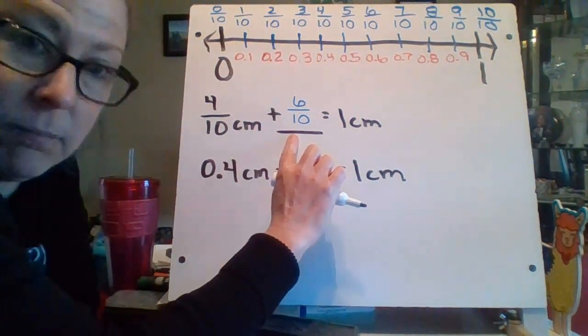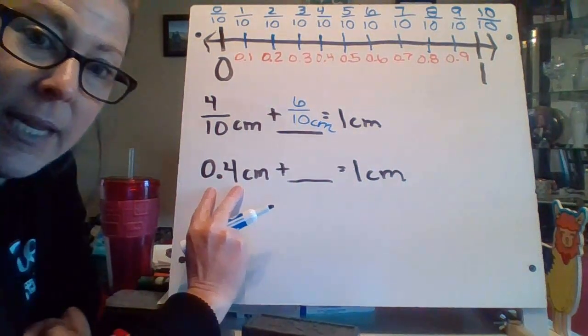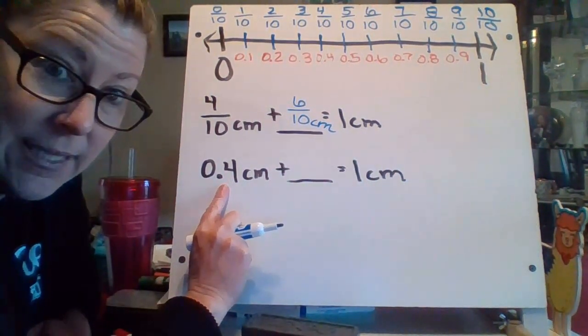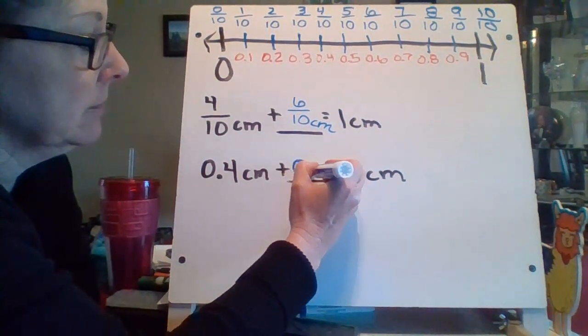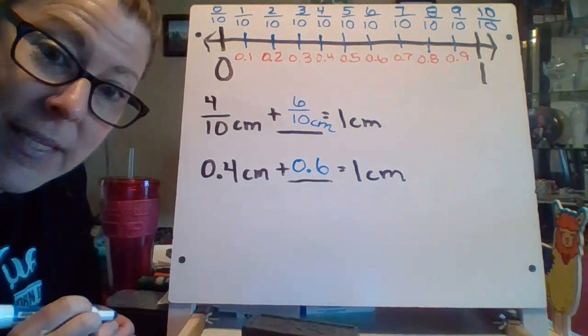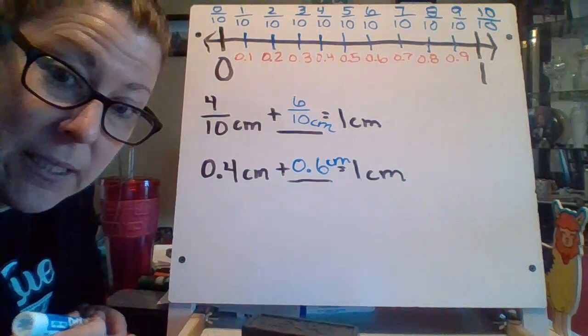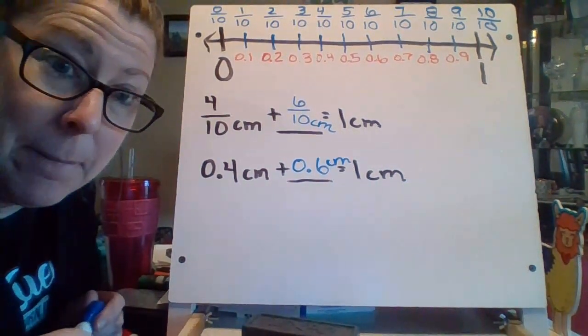Fraction form, fraction form. Decimal form, also read 4/10. Again, 4/10 and 6/10 of a centimeter gives me 1 whole centimeter.